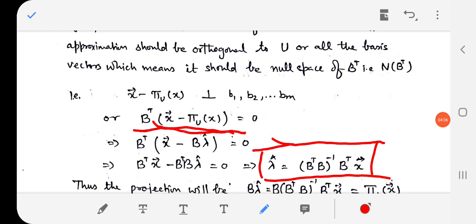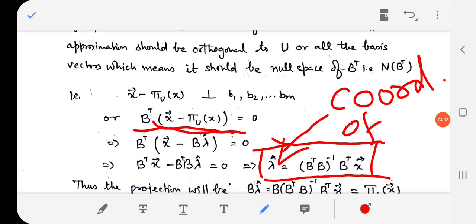It's not a scalar value, but it's a vector. It's a kind of a projection onto the different basis vectors, so that is given by the coordinates of that particular projection.